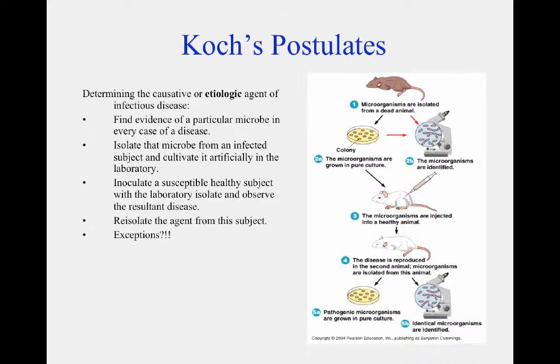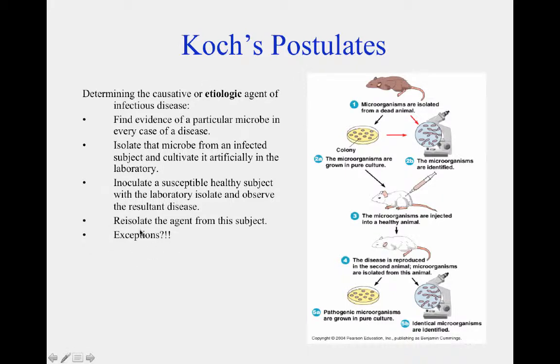You can do it with rats or mice. So let's infect a healthy mouse or a rat with Mycobacterium tuberculosis, and see if that animal develops the same disease. If we do see the same disease, then lastly, after they show symptoms, they're coughing, we should be able to re-isolate that pathogen.